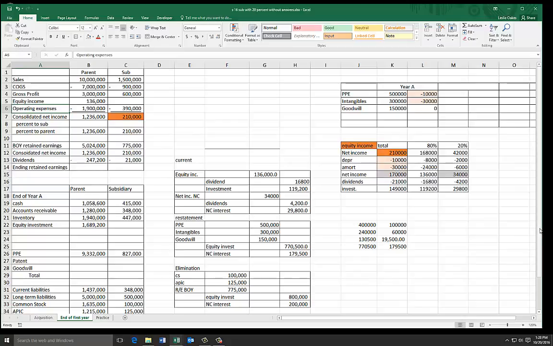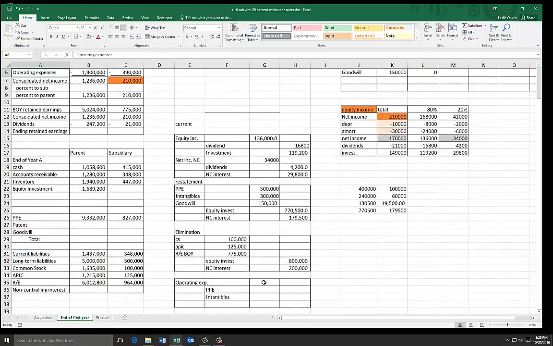So we know we have 40,000, the 10 and the 30,000 from our original table. 10,000 of that is a reduction in the PP&E. Of course, normally that would be through the accumulated depreciation. And then intangibles. There we go. All right, so now we're done.